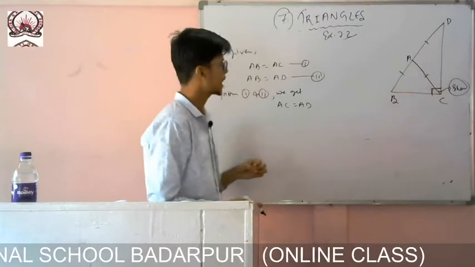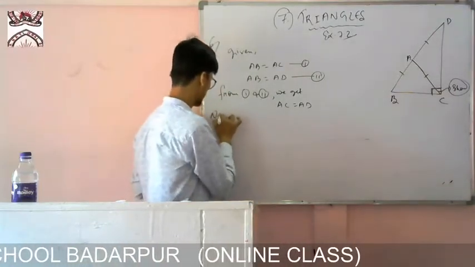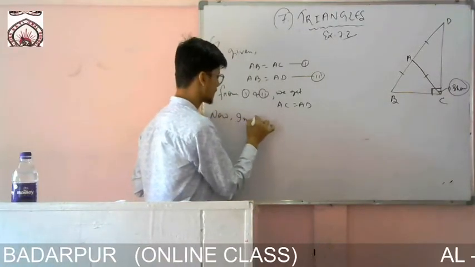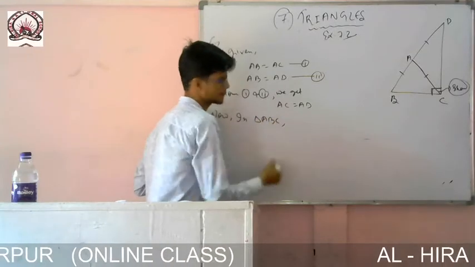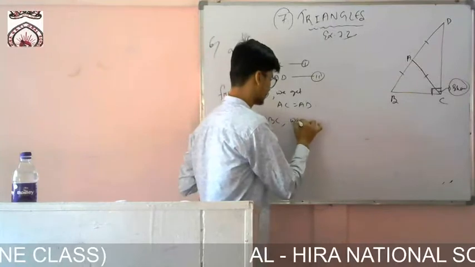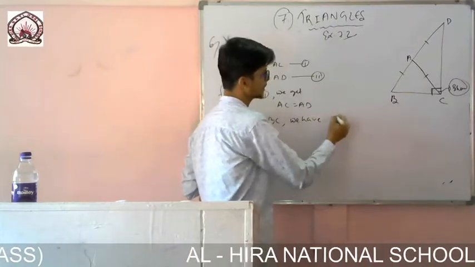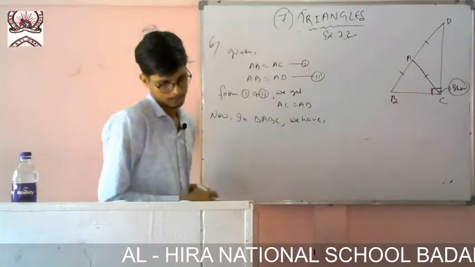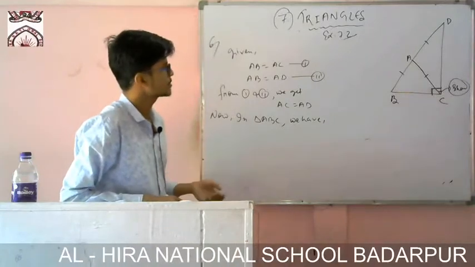Now in triangle ABC, I have to prove that the angle is 90 degrees. First of all, here I will use the angle sum property.